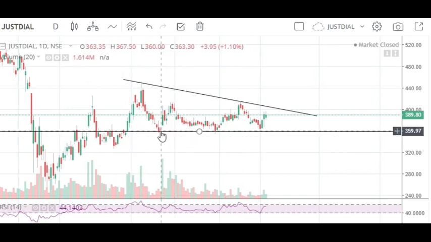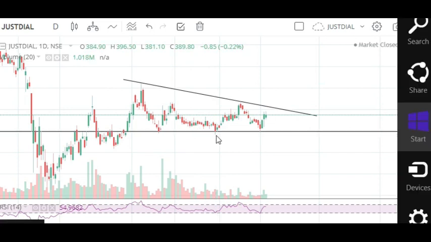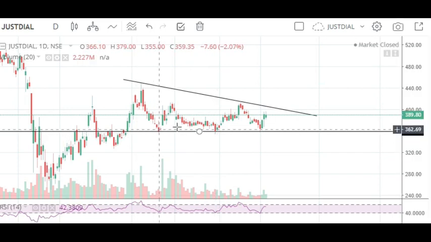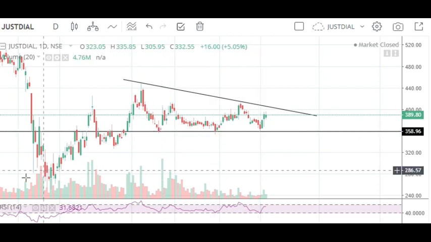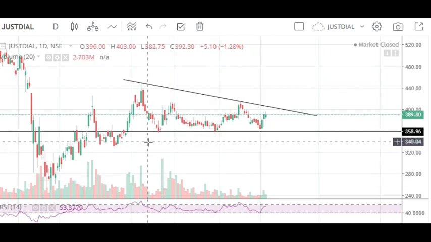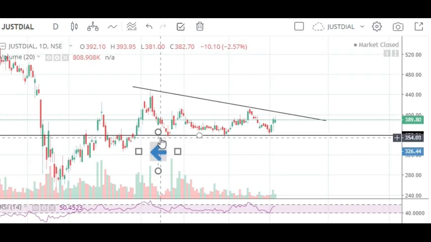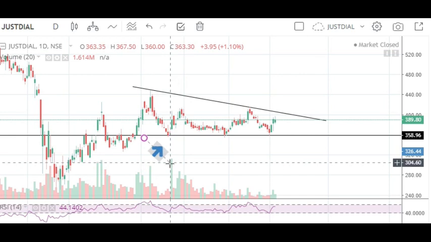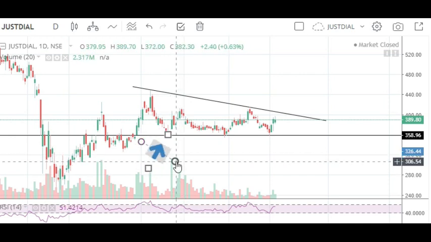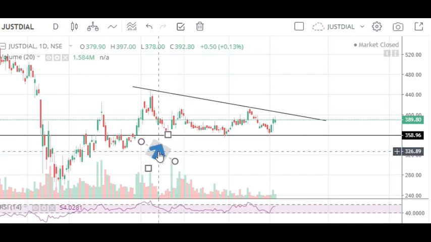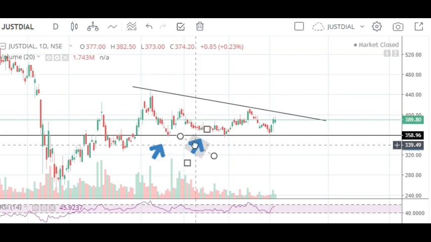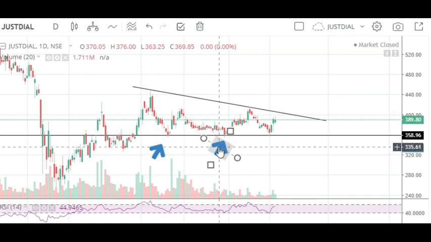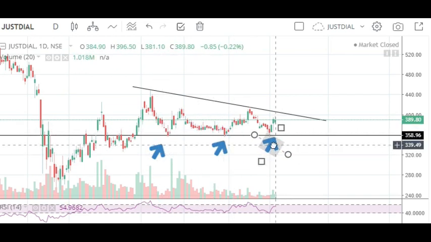If you notice, there has been constant support in the same zone for a while. There are 3 areas of support over here, which is why I have chosen this chart, because this is a good descending triangle pattern that has been forming over time. This is one area of support, this is another, and this is another.